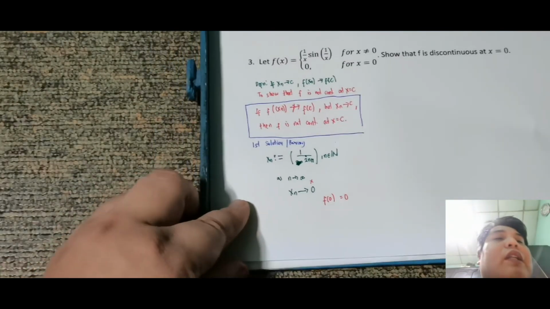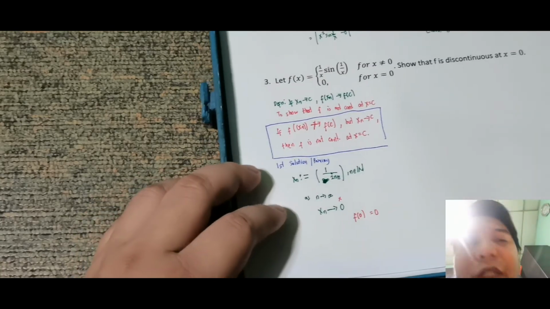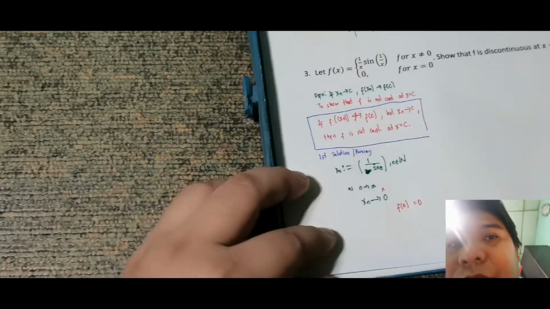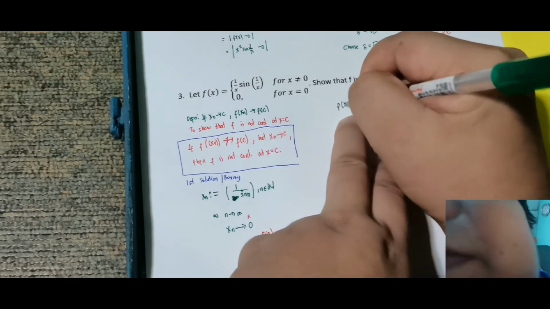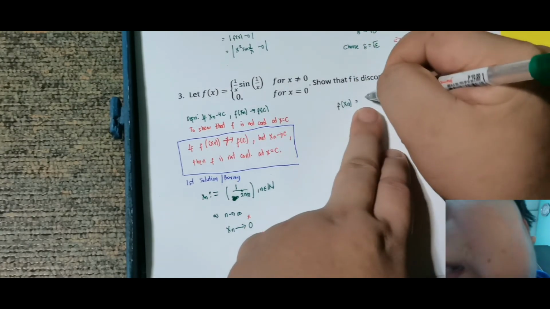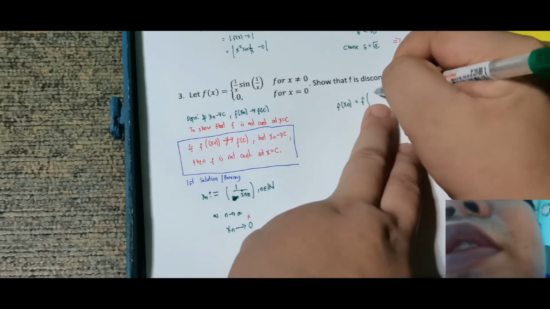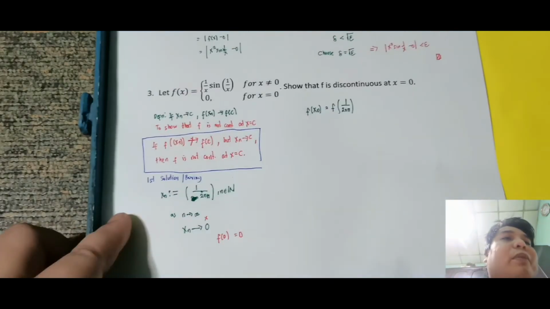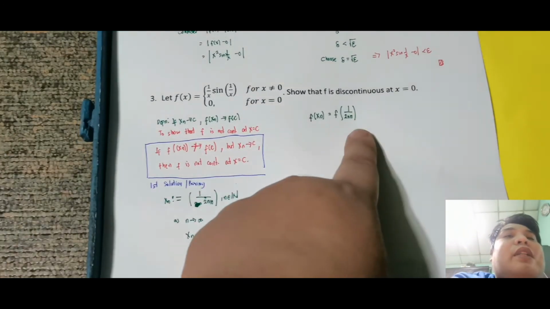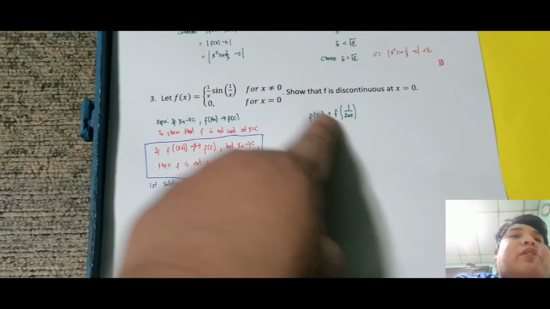Ngayon, try natin si f of x sub n. Si f of x sub n equal kay f of 1 over 2n pi. Papalit ko sa function, since hindi siya 0, papalit ko yun doon.